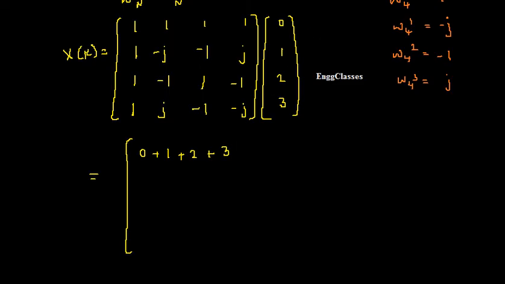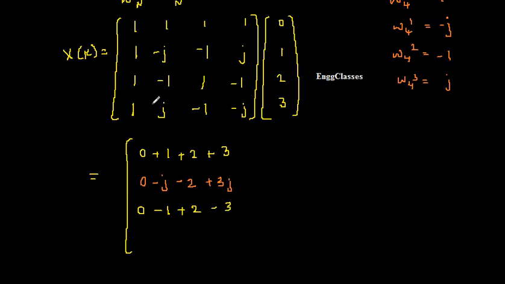Similarly, the second row, 1 into 0 turns out to be 0, minus j into 1 is minus j, minus 1 into 2 turns out to be minus 2, and j into 3 turns out to be 3j. Correct? Similarly, the next row, 1 into 0 is 0, minus 1 into 1 is minus 1, plus 1 into 2 is plus 2, minus 1 into 3 turns out to be minus 3.